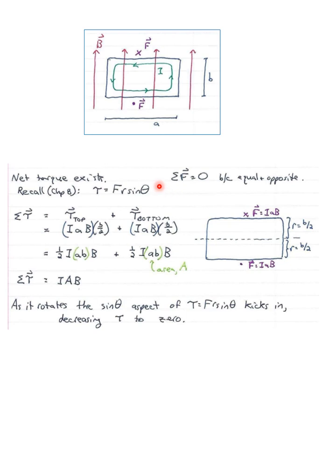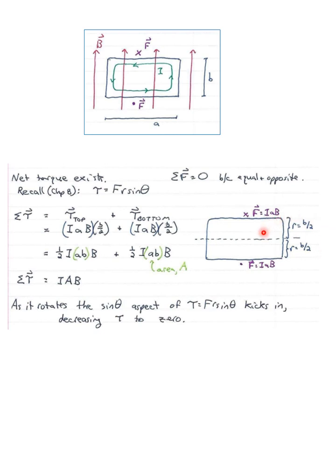All right, so let's think about the torque. It's helpful to look at this diagram in the middle of the page. At the top, the force going into the page is, as I showed on the last page, the current times a times magnetic field B. The lever arm is, remember, the height of the loop is lowercase b.